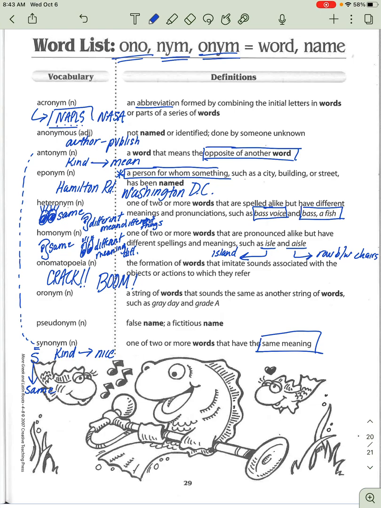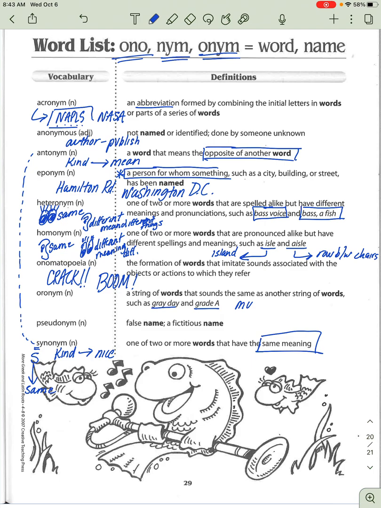An ONYM is a string of words that sounds the same as another string of words. So gray day and grade A. Okay, that's their example right there. This doesn't happen a whole lot, and a lot of times it kind of is used in like jokes and things like that. But just know that it is a string of words.